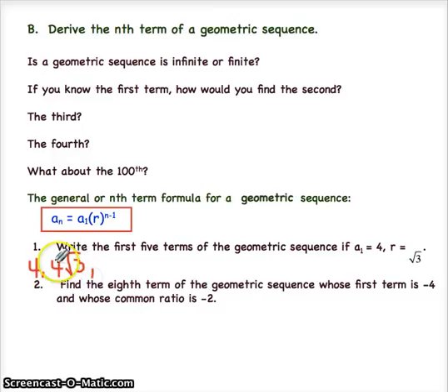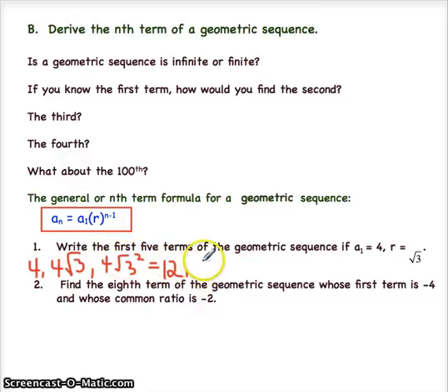Our third term would be 4 square root of 3 times the square root of 3, or 4 times the square root of 3 squared, which we know is 4 times 3, or 12. So our first term is 4, second term 4 root 3, third term 4 root 3 times itself, so 12.